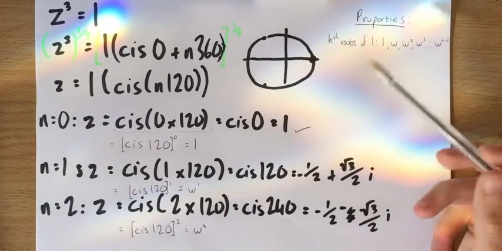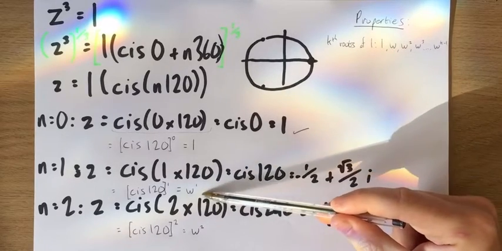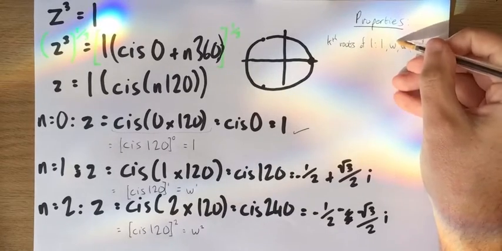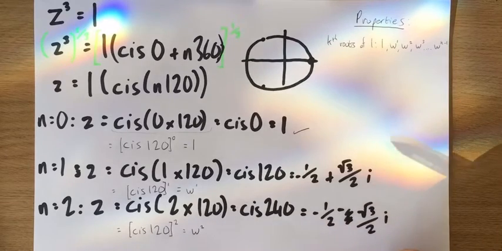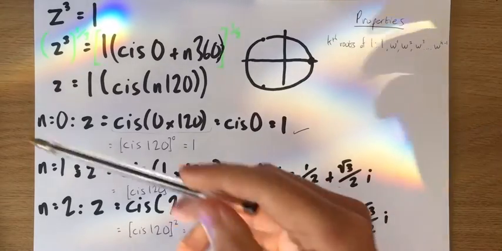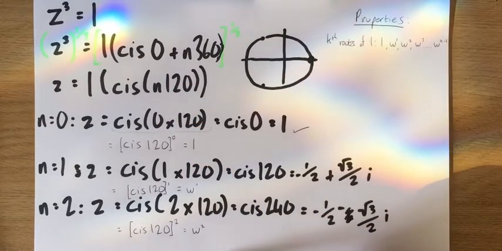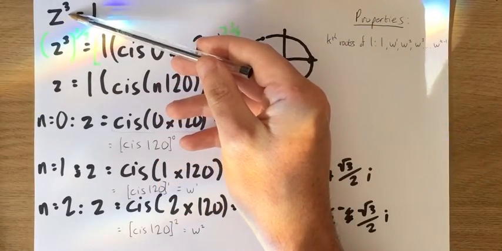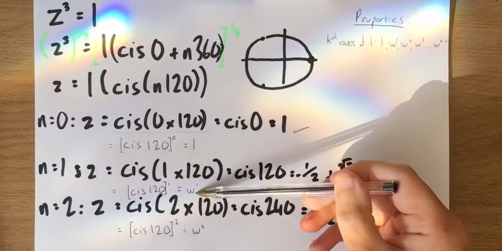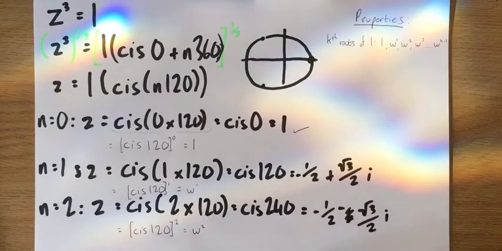So there you see my roots are 1, then some complex number to the power of 1, then some complex number squared. And that's where I stop in this one. As I said, if this was z to the power of 5, I would also have omega cubed and omega to the power of 4. If it was z to the power of 12 I was solving, I'd have 1, omega to the 1, omega to the 2, omega to the 3, omega to the 4, all the way up to omega to the 11.